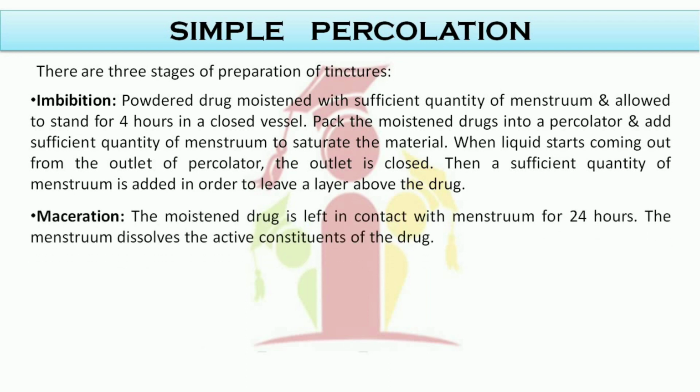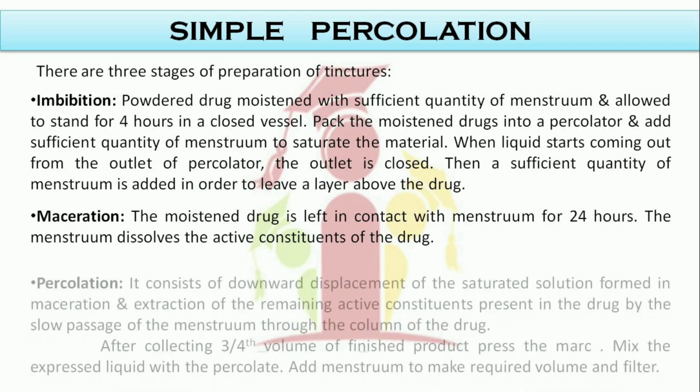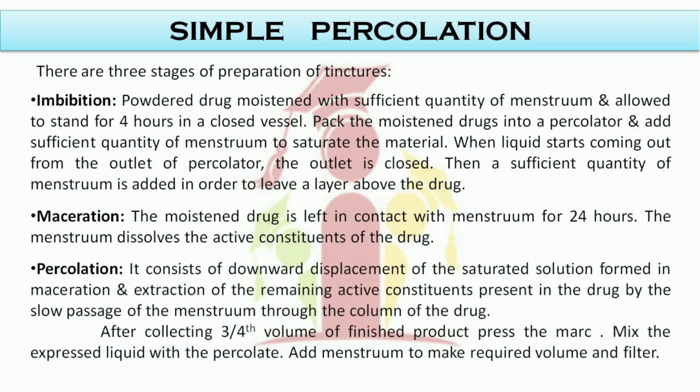Now in maceration, the moistened drug is left in contact with the menstruum for 24 hours. The menstruum dissolves the active constituents of the drug. Finally, percolation consists of the downward displacement of the saturated solution formed in maceration and extraction of the remaining active constituents present in the drug by the slow passage of the menstruum through the column of the drug.